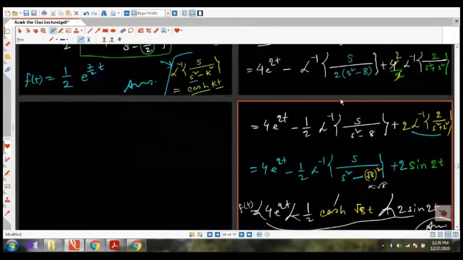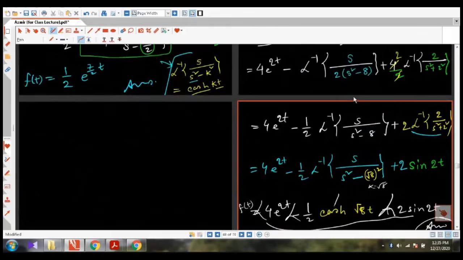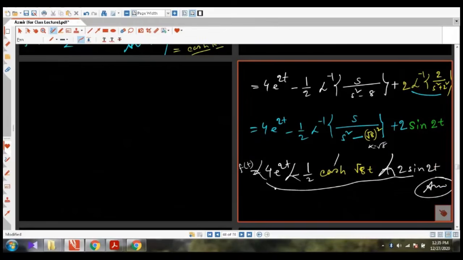We have to think about the properties, we have to think about the formulas, we have to relate the formulas, we have to make the formation also. Then only it is possible to get back to the main function. So that's why I always try to say that inverse Laplace transformation is a little bit difficult, but the process of solving is fun.